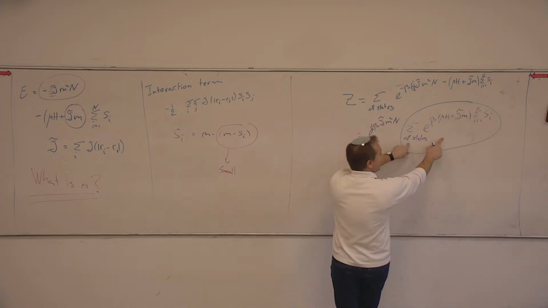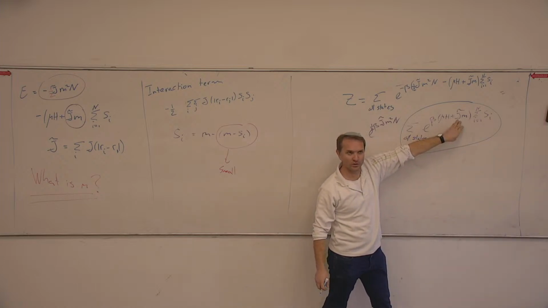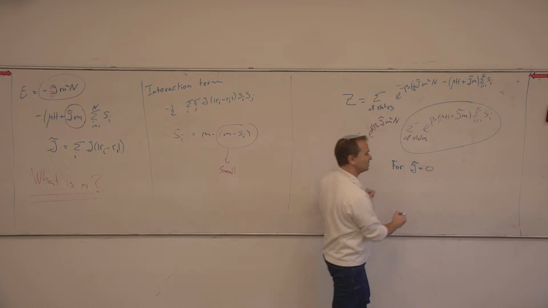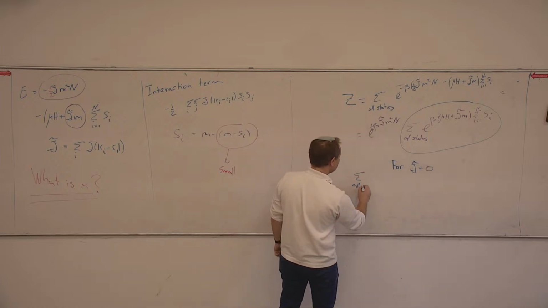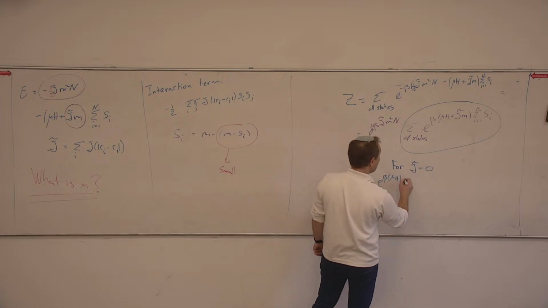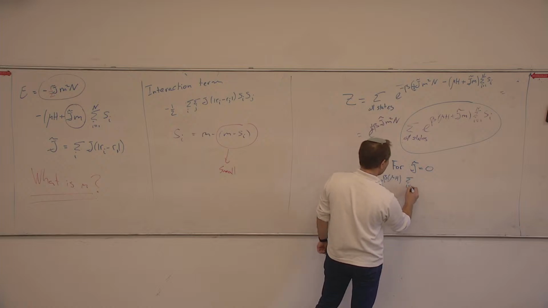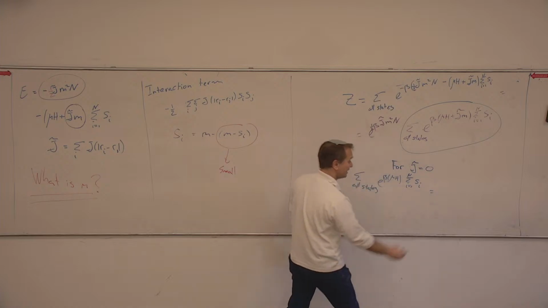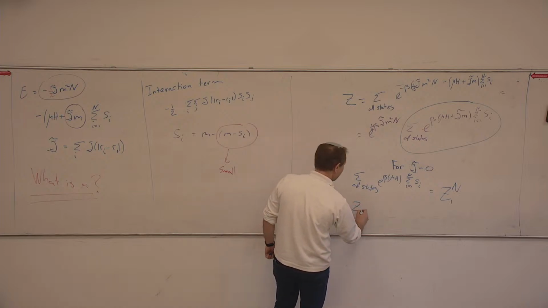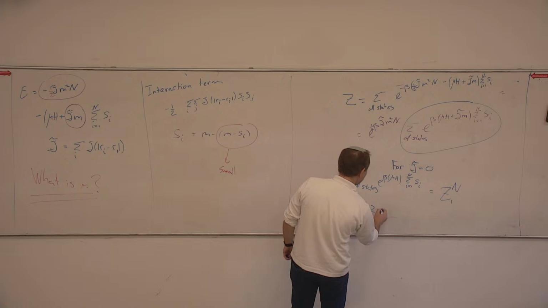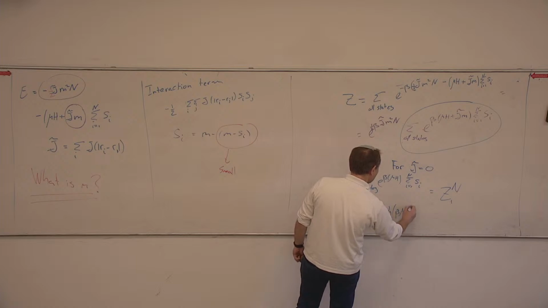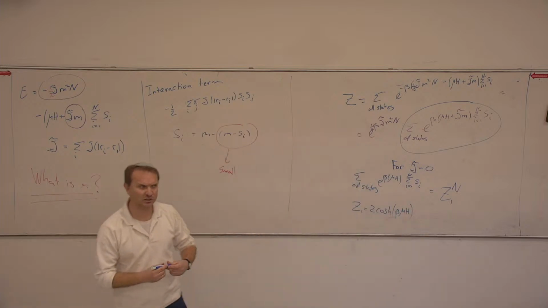So for the free Ising model, when J tilde was 0, we know that the sum over all states of e to the power beta mu h multiplied by the sum of i from 1 to N over S_i is just Z1 to the power N, where Z1 was 2 hyperbolic cosine of beta mu h. Okay? So this is what we've got for J equals 0, for the free Ising model.